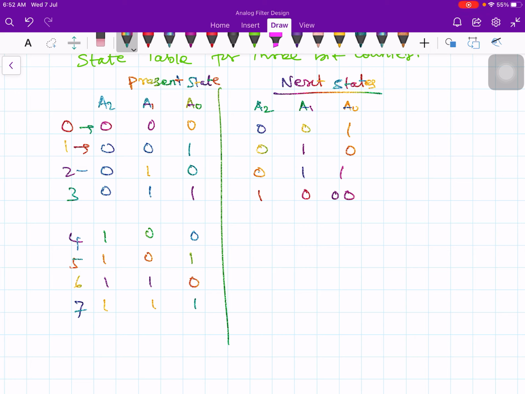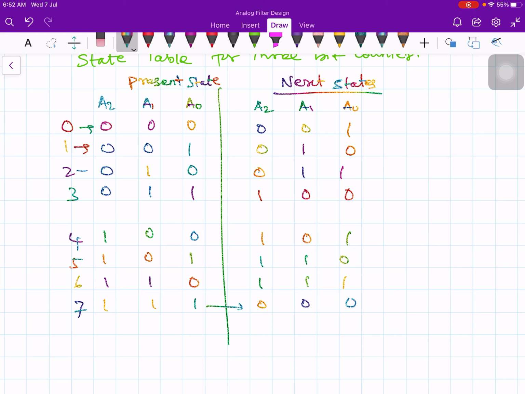One state ahead. And then here 1, 0, 1, 1, 1, 0, then all triple 1, and after 7 you should move back to 0. That's it. This is my next state.